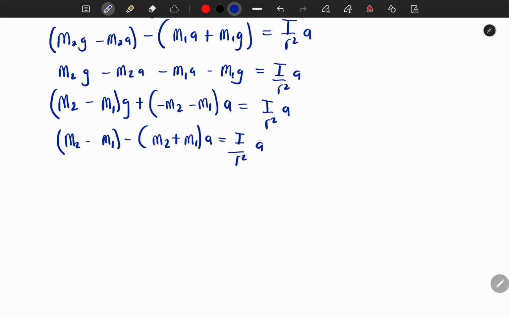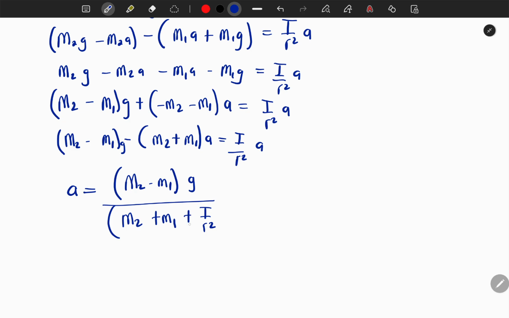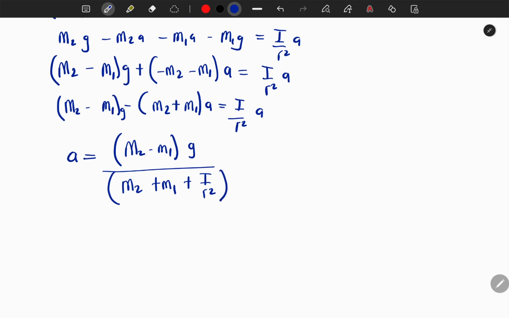If I make a the subject of the formula, a will be equal to m2 minus m1 multiplied by g, over the denominator, which is m2 plus m1 plus this one here. There's a g here, by the way. We join them like that. This is how we can find the acceleration.